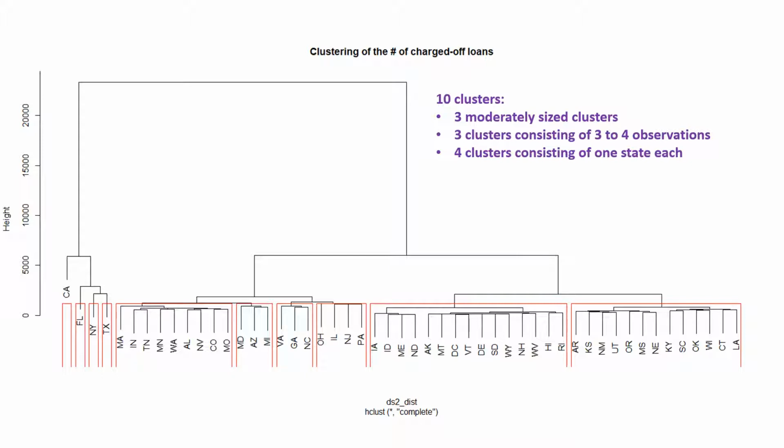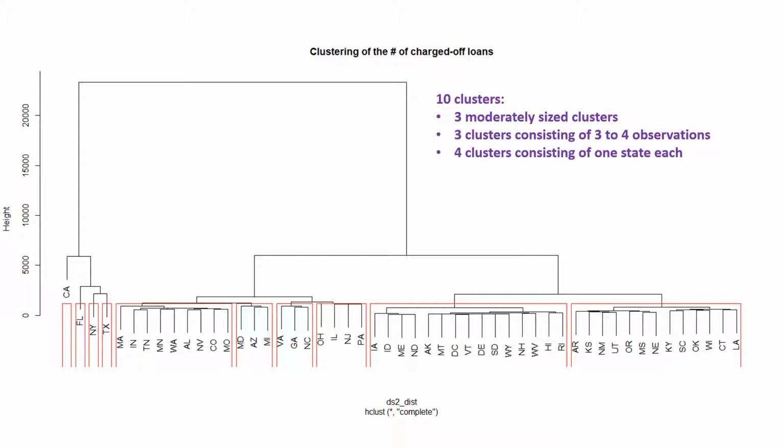So, as you can see, states like Maryland, Arizona, and Michigan, their trends with respect to charge-off loans are somewhat similar. The same thing can also be said for Ohio, Illinois, New Jersey, and Pennsylvania. Their time series trends with respect to the number of charge-off loans are similar.